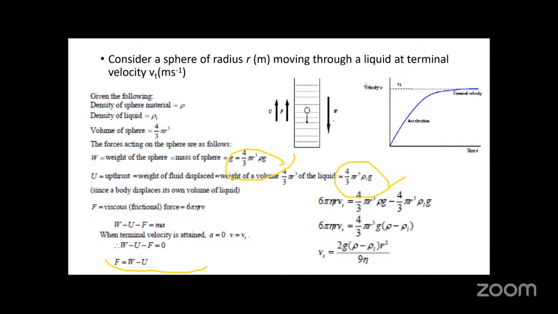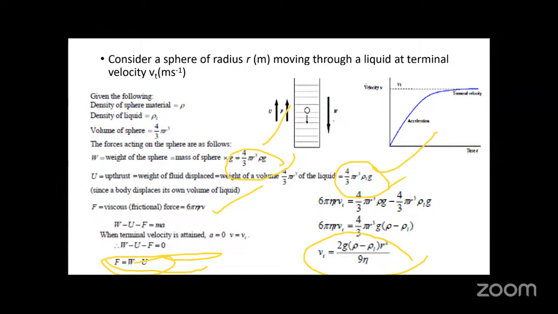So if we substitute all these three expressions, 1, 2, and 3, into this equation and simplify to solve for Vt, that is the terminal velocity, the speed at which the ball drops through the fluid at constant rate. If we are to find that speed, simplifying that expression, we are going to have this.